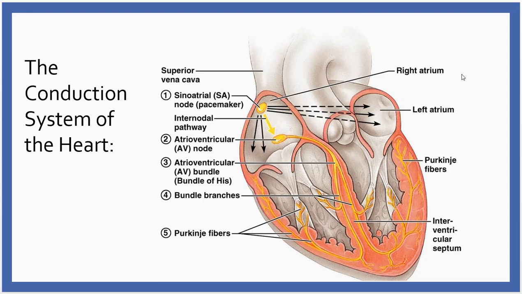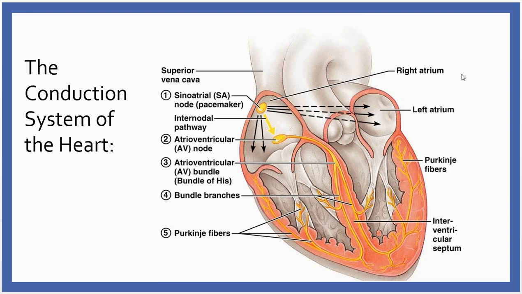That's called VFib, and that's dead. So the AV node is going to protect us by only allowing some of those impulses through. It's not going to fire all 400 or 500 a minute through. So that's a good thing. It's a gatekeeper.